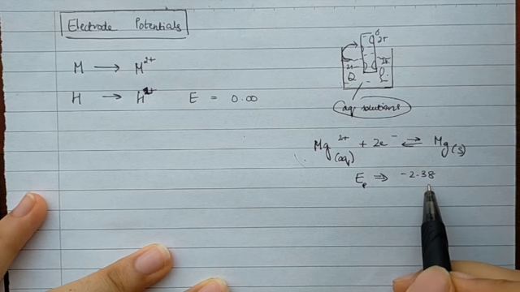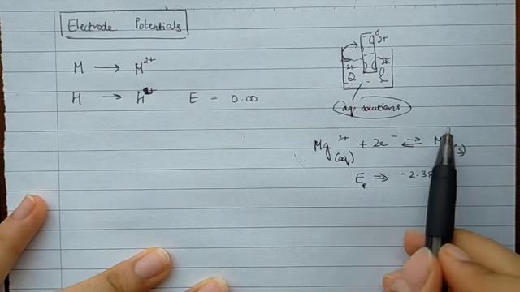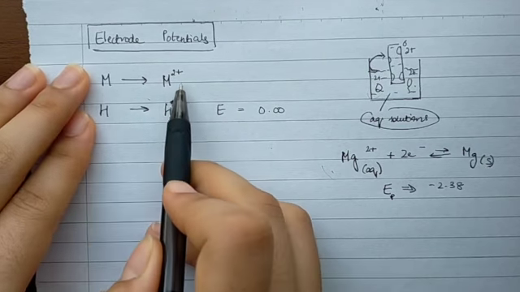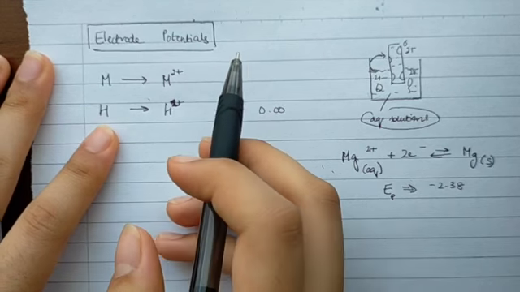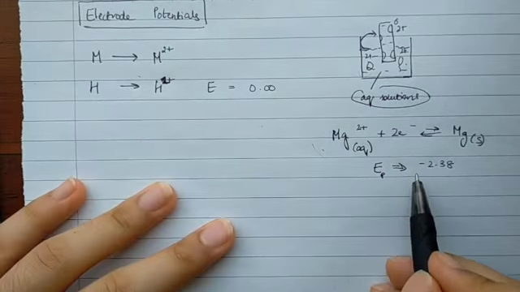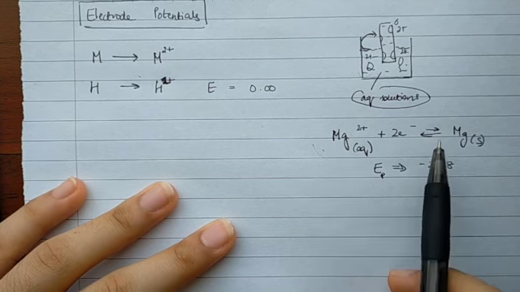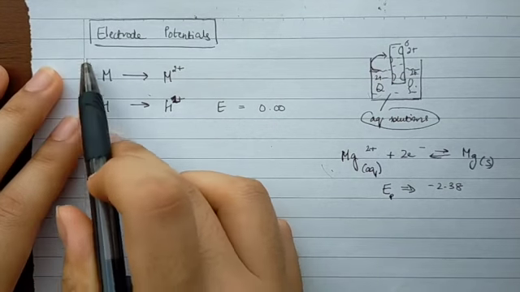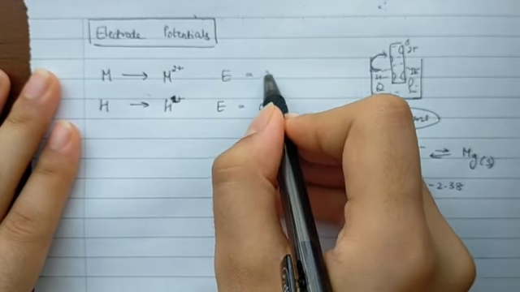So this shows the magnesium ions going to form the magnesium atom. Over here I said that going from a metal to a metal ion gives the electrode potential? Well, you can see the negative sign here, since we're moving backwards from an ion to an atom. But going from an atom to an ion, the electrode potential expected will be positive.